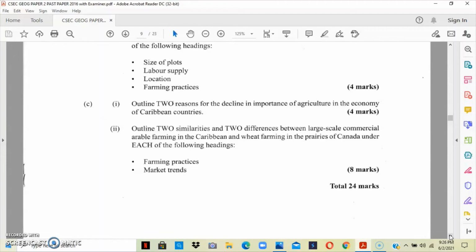Now, the market is a very competitive market out there. We from the Caribbean are so small that when we go against other countries on the international market, our products just are laughed at. We're so small in size, right?